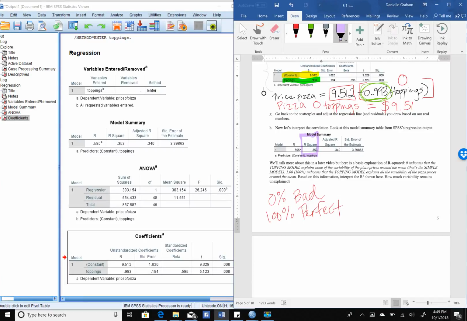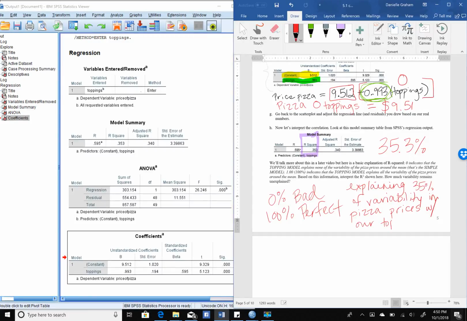So if we think of this as a percentage, this is 35.3%, which means that we are explaining about 35% of the variability in pizza prices with our topping model, right?